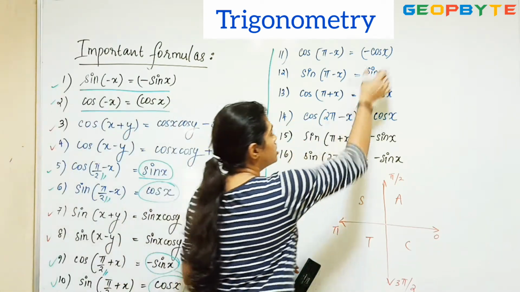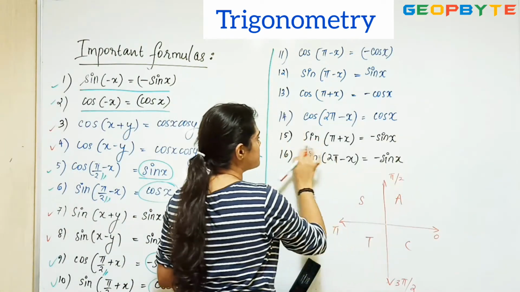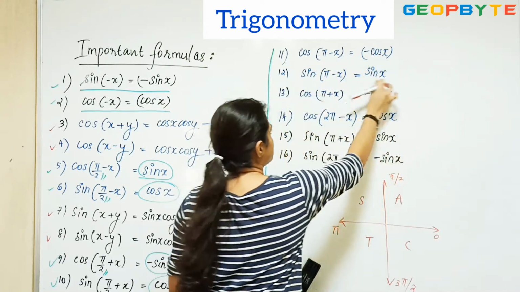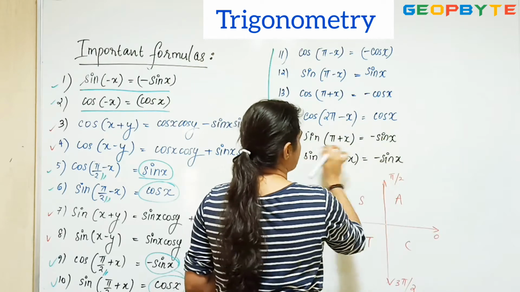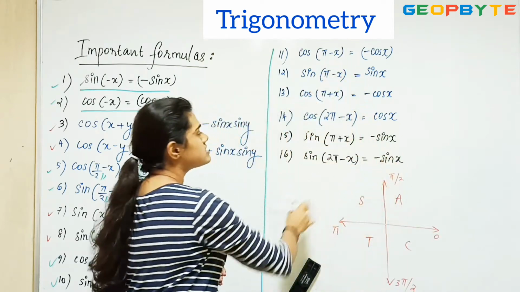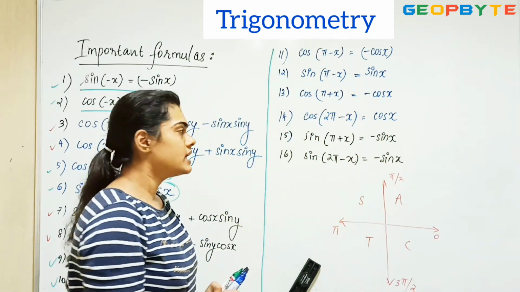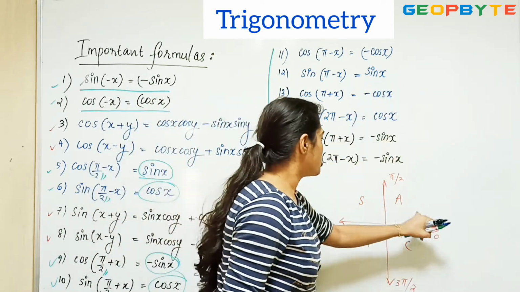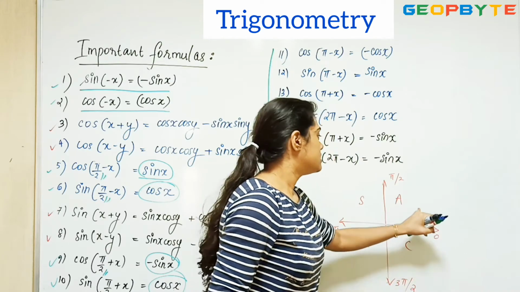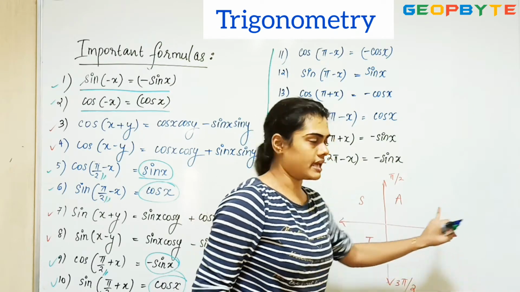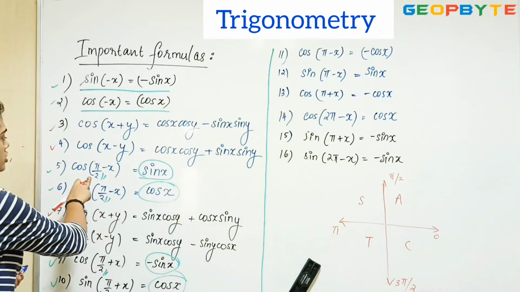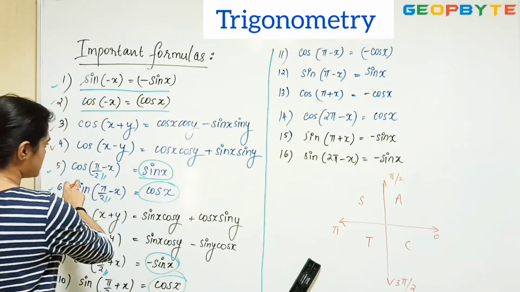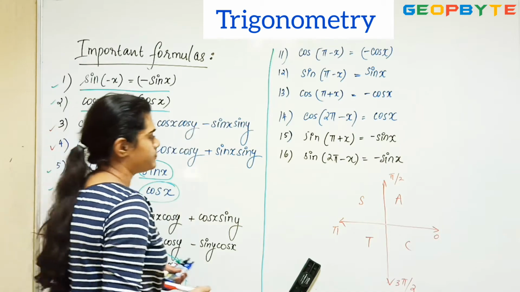Here, with respect to pi, none of these functions are changing from the original function. If it is cos, it remains as cos, sine as sine. So whenever it's a pi or multiples of pi, the same function is continued, and you have to check the sign according to the quadrant in which the angle is lying. If it is pi by 2 or multiples of pi by 2, you have to change it to the other function: cos to sine, sine to cos.